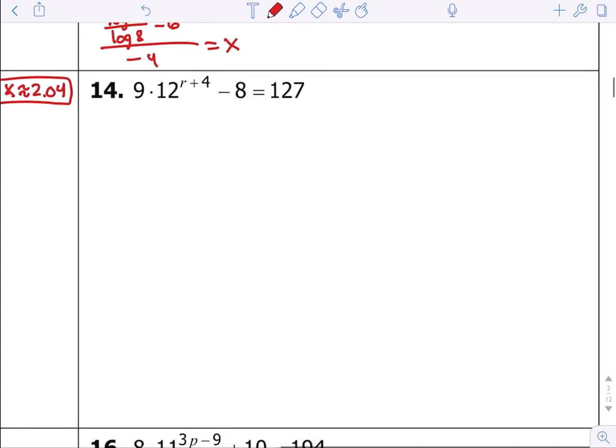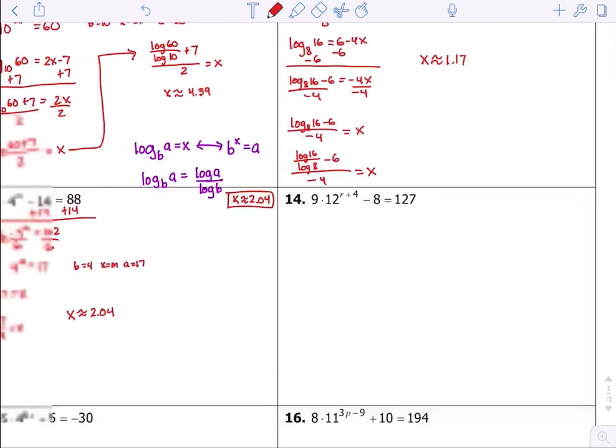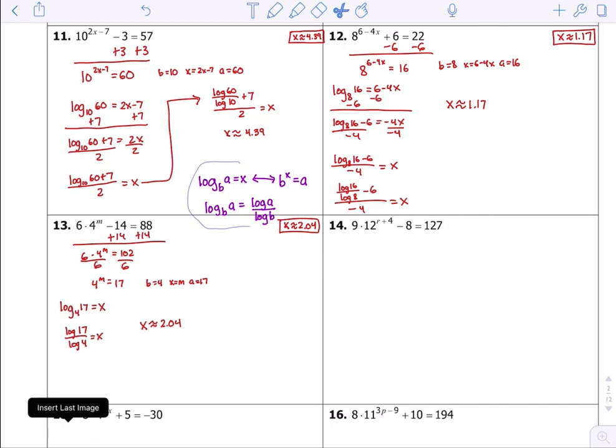14. So we've got to get this 14 problem into exponential form.